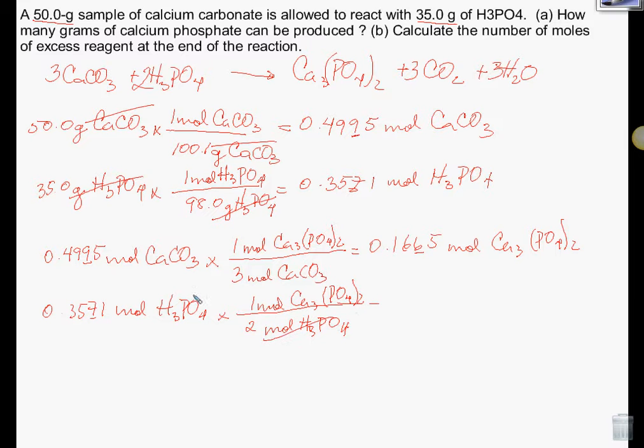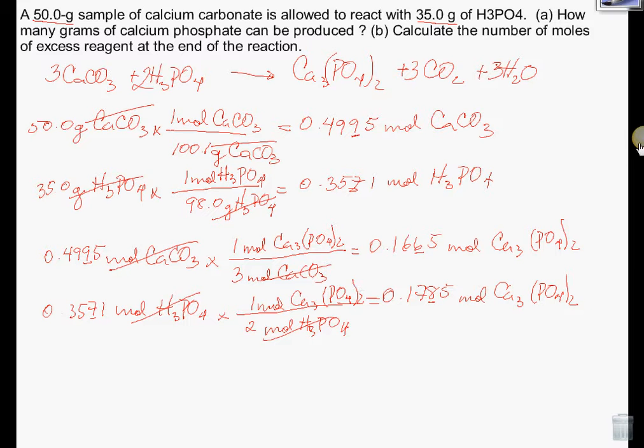So we cancel this. Forgot to cancel up here. And we divide 0.3571 by 2. That is equal to 0.1785 moles of calcium phosphate.